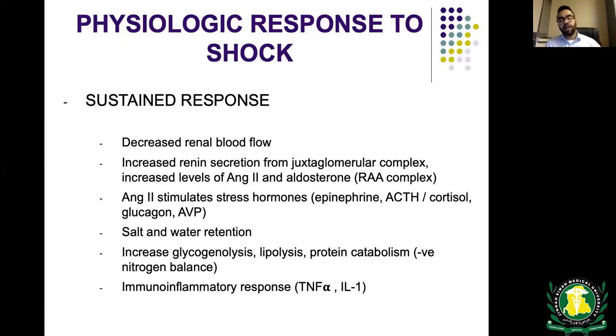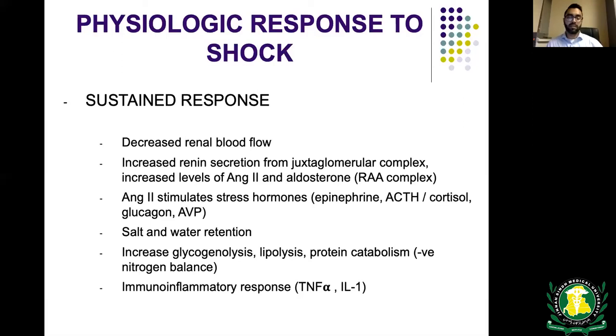And then a more sustained response ensues, and the predominant mediator is decreased renal blood flow. As the hydrostatic pressure is reduced in the glomerulus and tubular system of the kidneys, there is increased renin secretion from the juxtaglomerular complex. And that activates the RAA system, which is your renin, angiotensin, and aldosterone.